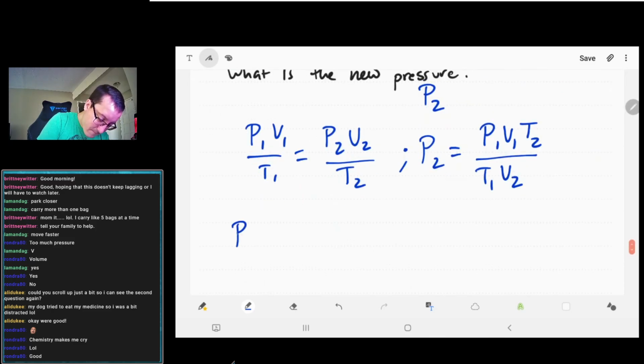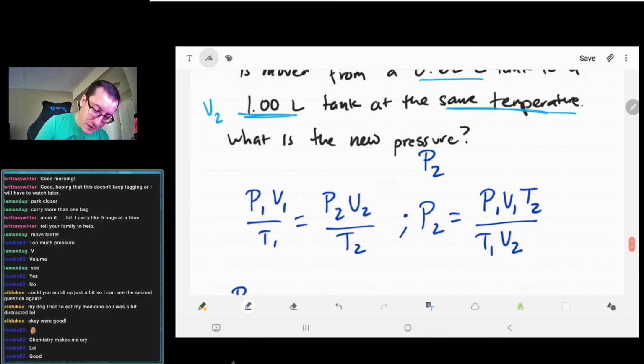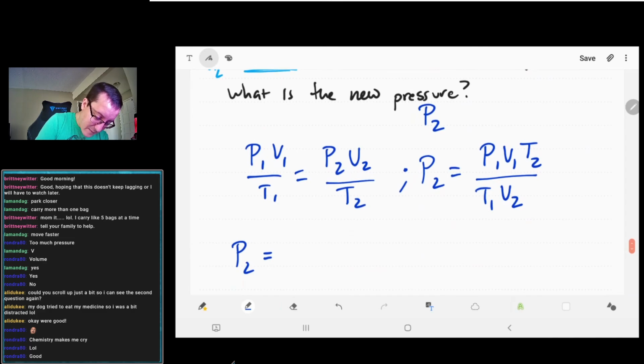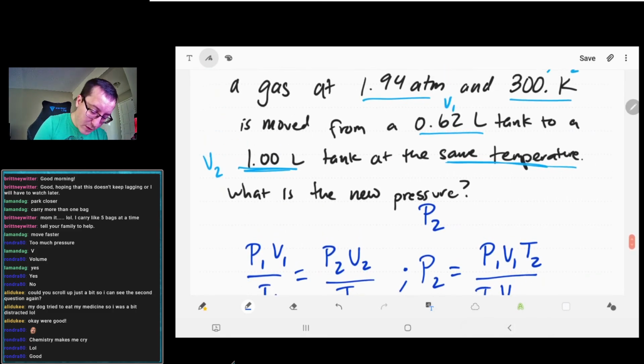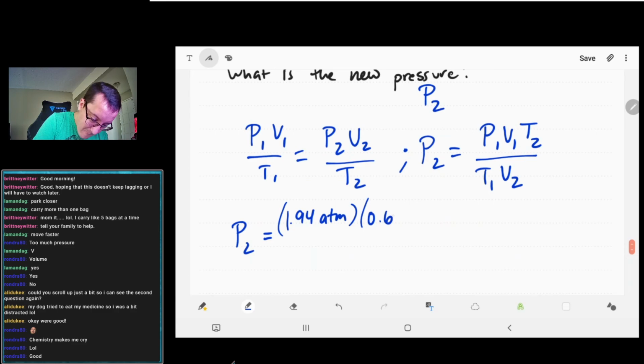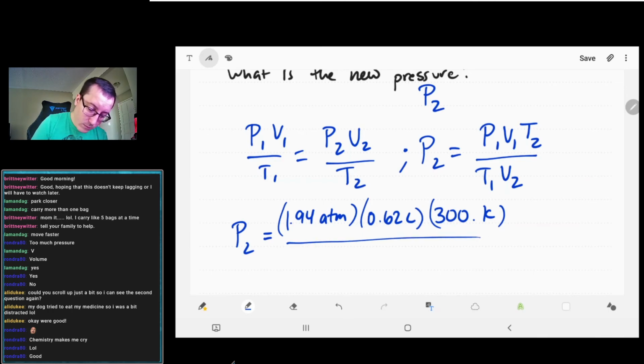So pressure 1 was 1.94 atmospheres. Volume 1 was 0.62 liters. Temperature 2 was 300 Kelvin. Temperature 1 was 300 Kelvin.